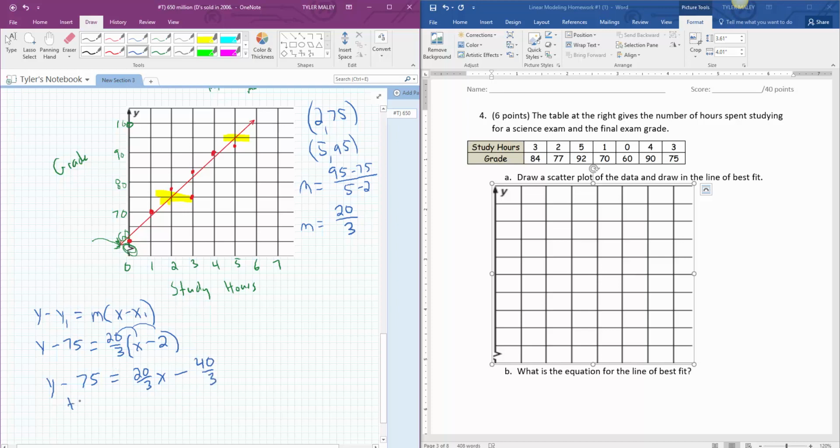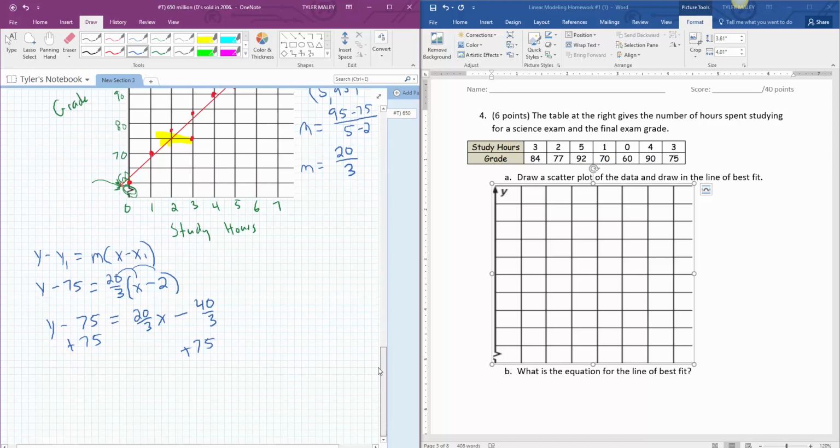And then we would add 75 to both sides. So we'd have y equals 20/3 x. And then we can add these up: take negative 40/3, add that to 75, and I get 185/3.